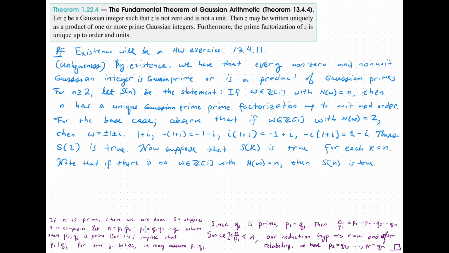Now, let's go ahead and suppose that we had a W. So suppose that there exists a W in the Gaussian integers with norm of W equal to n. If W is a Gaussian prime, then there's nothing to show.